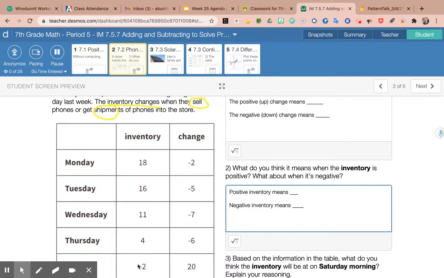Negative inventory, like down here it says -2, means that they owe phones. They don't have enough. So sometimes stores try to avoid this by making things out of stock, but sometimes they go on back order.